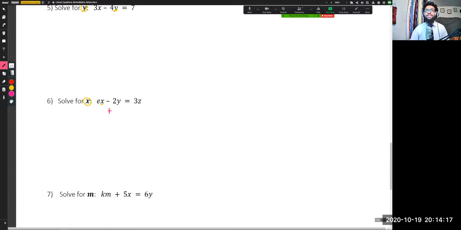So here I'm going to add 2y to both sides, plus 2y plus 2y, since that's the opposite of minus 2y. And now I end up with e x is equal to 3z plus 2y.